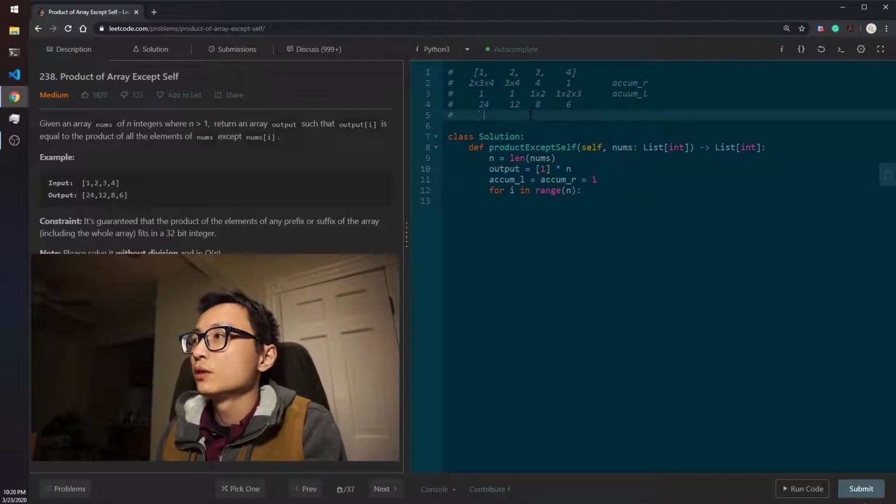Let's use some indices here. Let's say that we're working with i equal to 1 here.